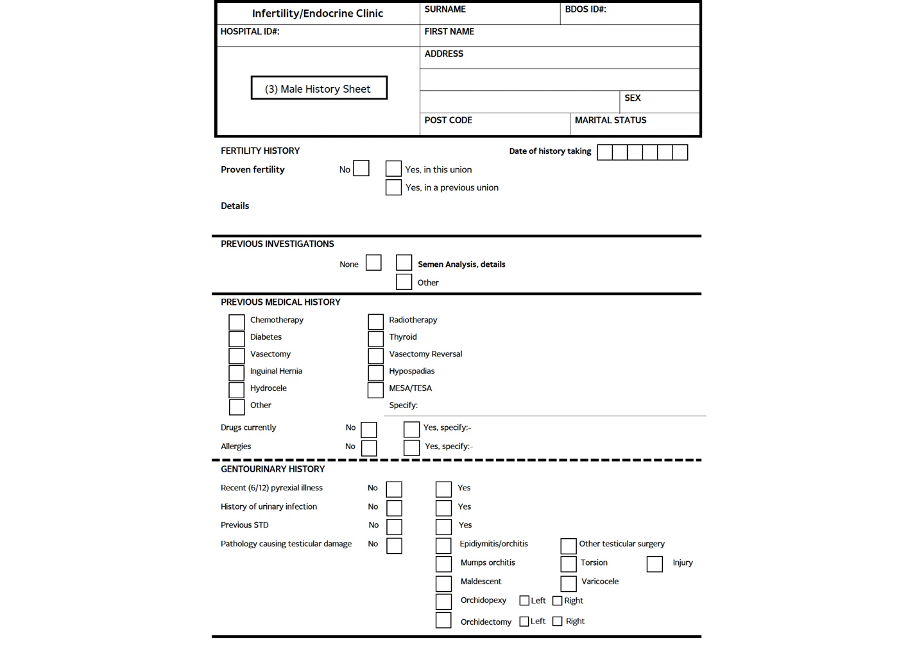So we want to know if they've conceived together, this union, if he's conceived in the past, how long ago, how old was the kid, what happened to that pregnancy, recurrent miscarriage, for example. We want to know if he's had a semen analysis before, the details of that. He might have had one with a previous partner or this partner, and everything might be laid out in terms of a cause of infertility just from that.